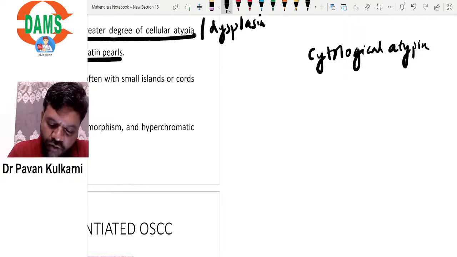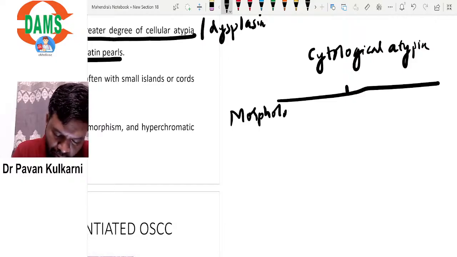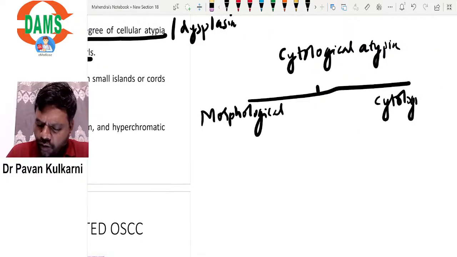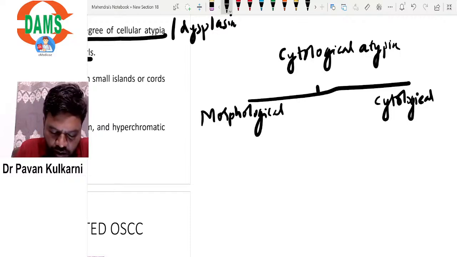It will have certain morphological changes and certain cytological changes. I'm deviating a bit from the topic, but this is very important because to understand the histopathology of cancer, we should know what this atypia is. Morphological as well as cytological.